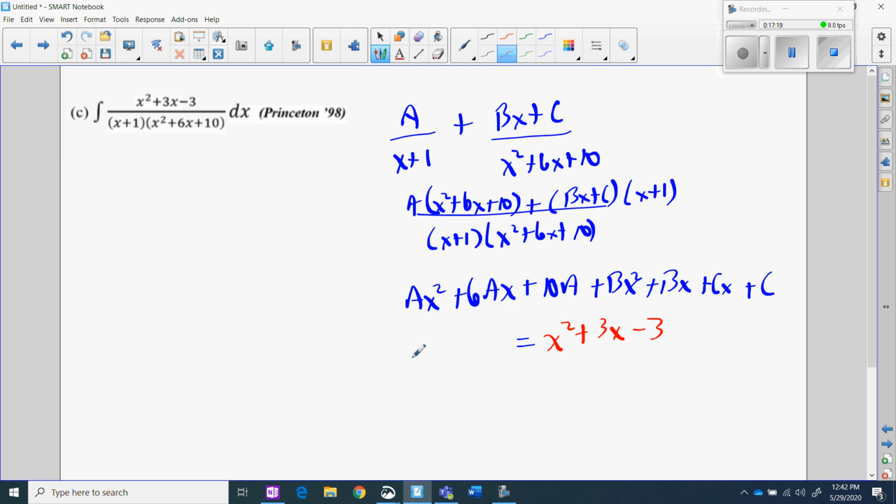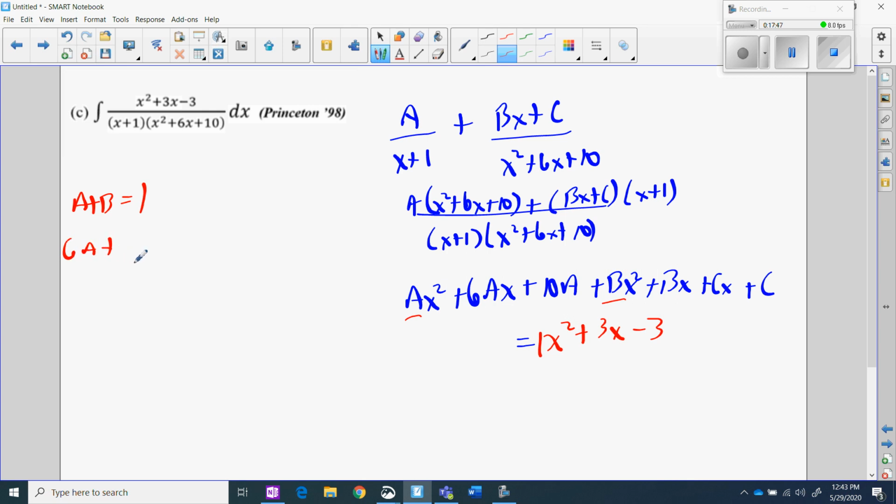So let's make some equations. Let's do the x squareds. So a plus b, the coefficients of the two x squareds when combined have to give you this coefficient. So I know that a plus b has got to equal 1. Let's do the x's. So 6a plus b plus c has to equal 3.